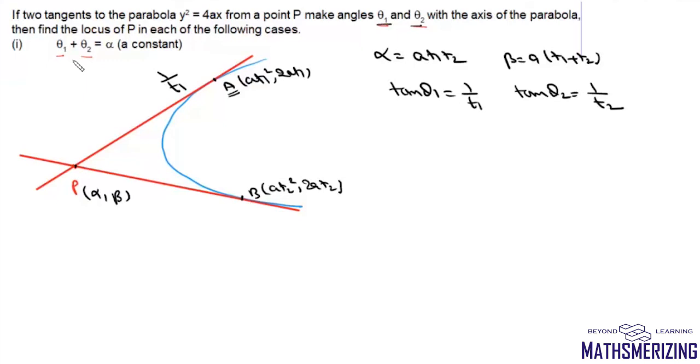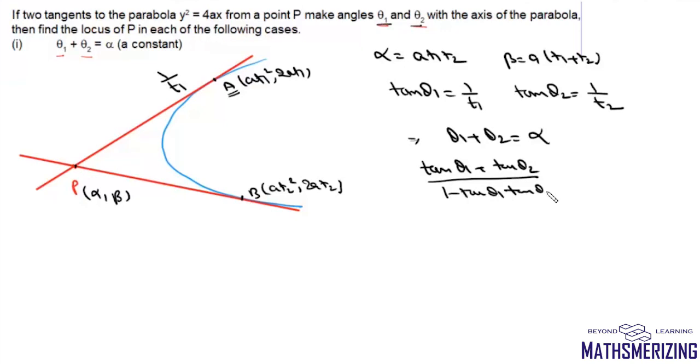Now in the question it says the condition is theta 1 plus theta 2 is constant and is given as alpha. So we'll take tan both sides. We'll write (tan theta 1 plus tan theta 2) upon (1 minus tan theta 1 tan theta 2), and this is equal to tan alpha. Now tan theta 1 is 1 upon t1 and tan theta 2 is 1 upon t2.